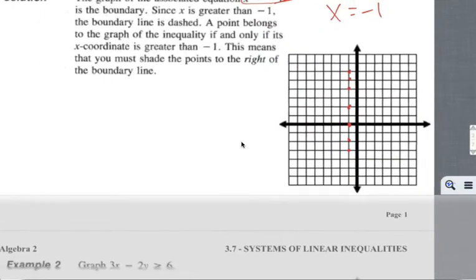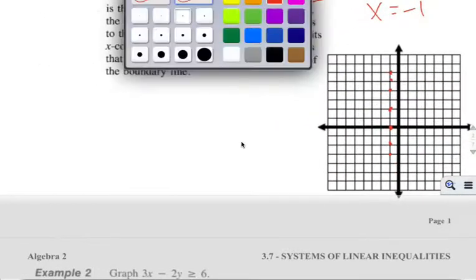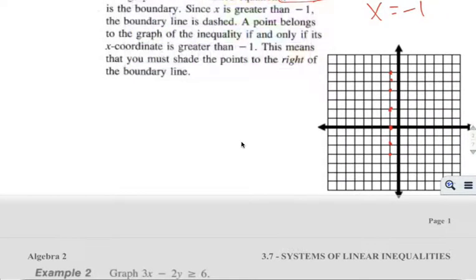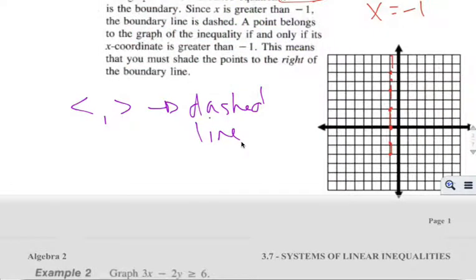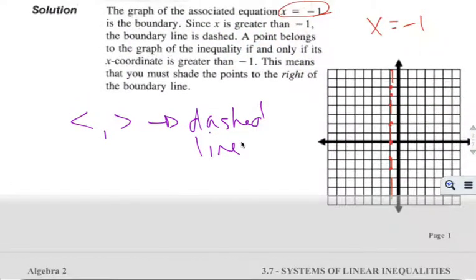Now, I know x is equal to -1. If I have less than or greater than, that means I have a dashed line. So in my case here, I have a dashed line. Now, for my first one, x is greater than -1.